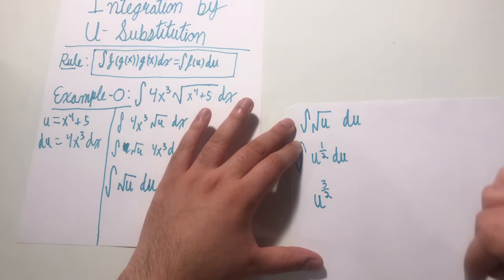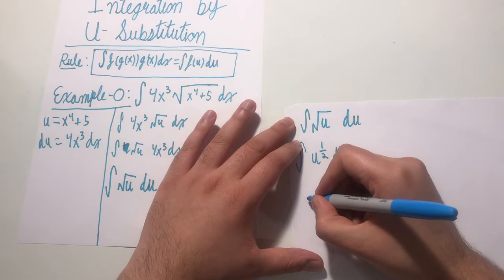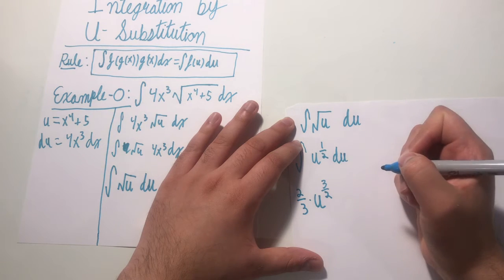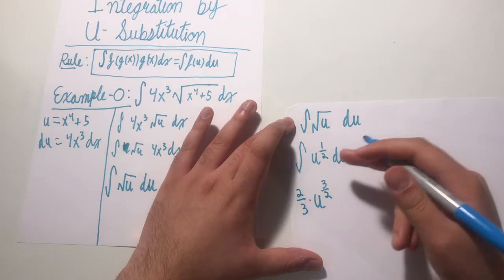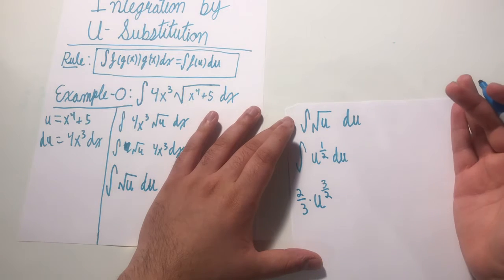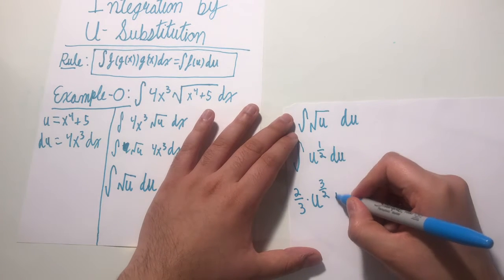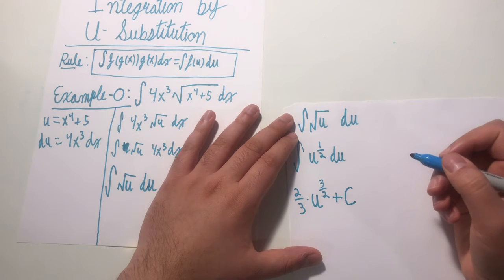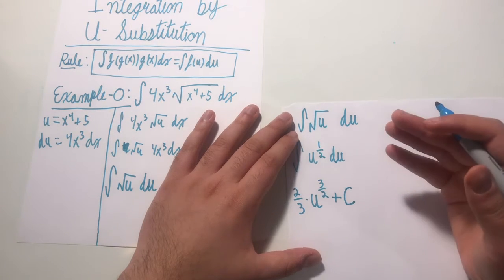So we have to multiply this by 2/3. And then, since we're doing an indefinite integral or an antiderivative, we have to make sure to add the constant of integration, plus c. And there we have it.